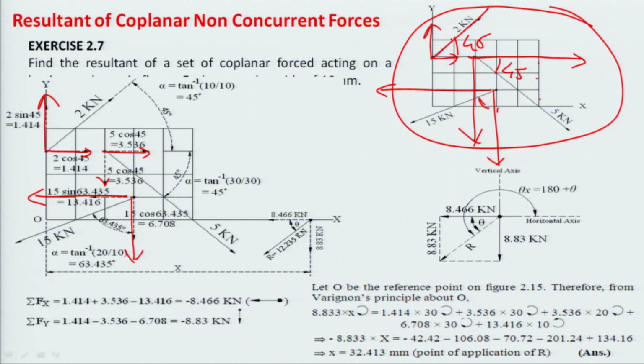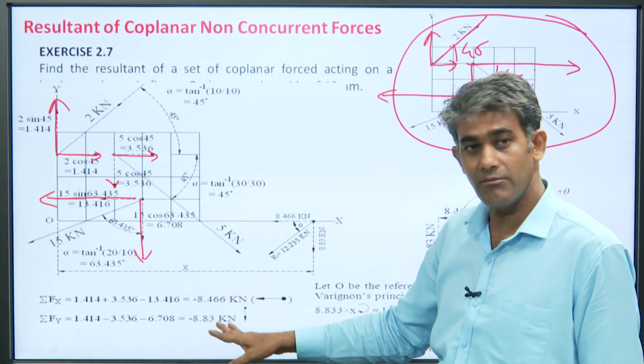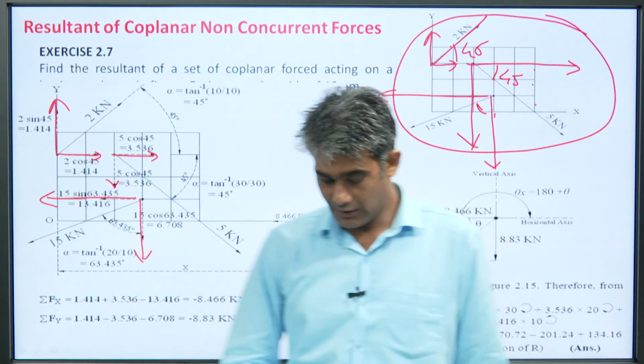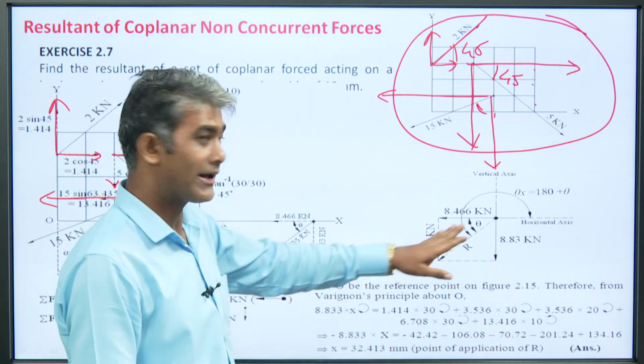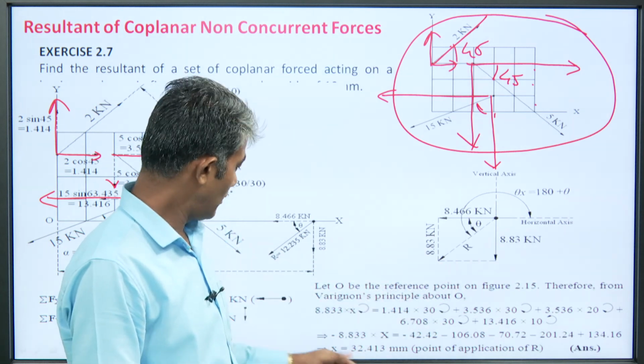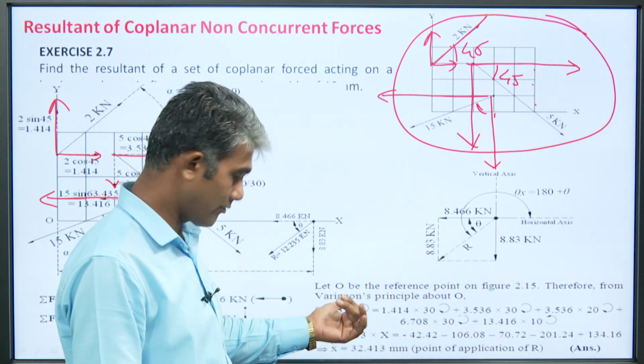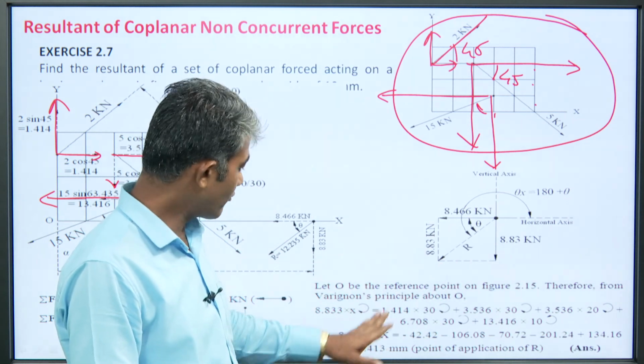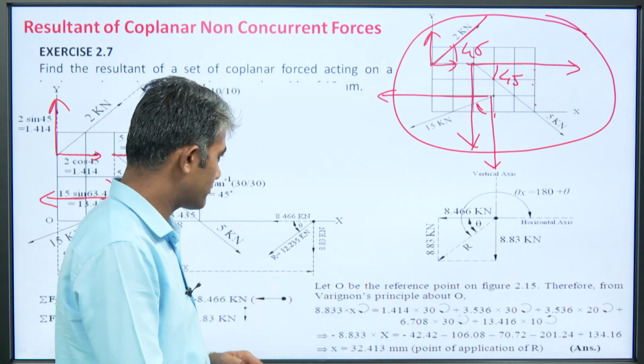Now, find the value of sigma Fx. The algebraic sum is calculated, and after that you make this diagram, and with the help of this diagram Varignon's principle can be applied.